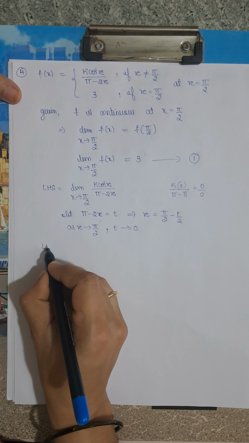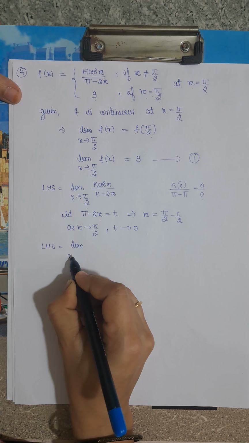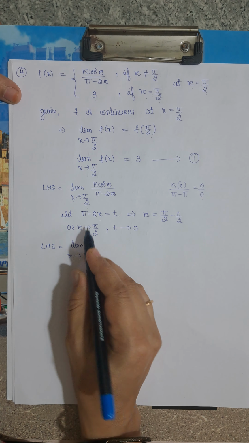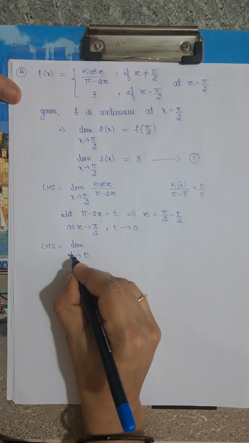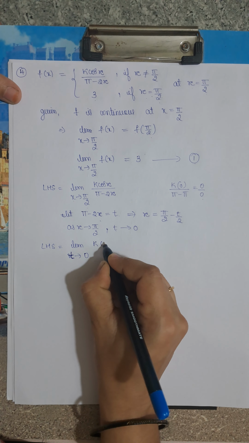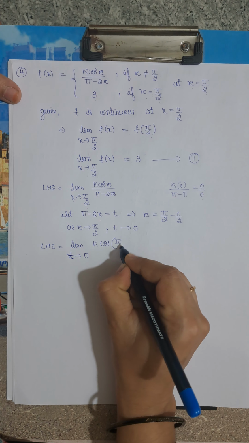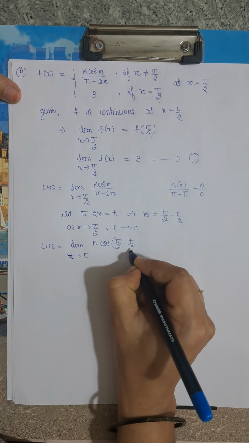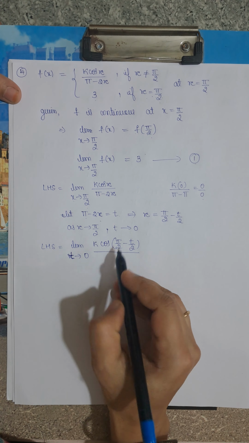So our LHS becomes limit as, instead of x we have to change it to t. So t tends to 0, k into cos of, instead of x we have to write pi by 2 minus t by 2, whole divided by pi minus 2x, which is t.